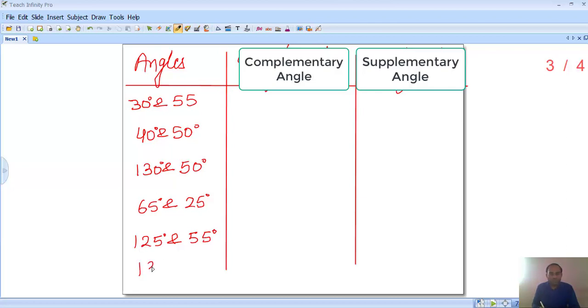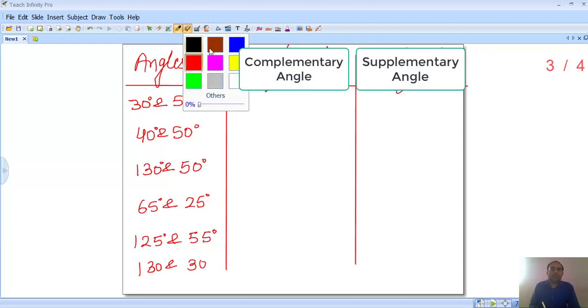Let's take one more, 130 and 30. Okay, let's check. First you are going to pause the video and solve all these questions, and check whether these are complementary or supplementary, and then run this video again and check whether you have done it correctly or not.